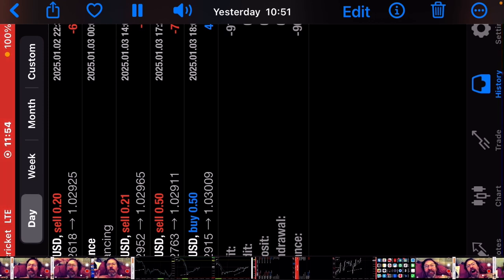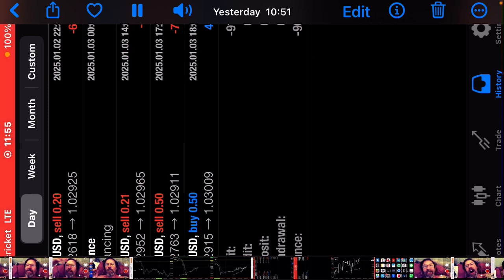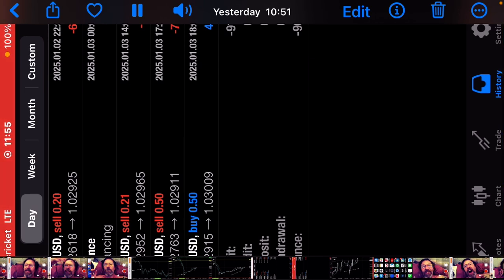Well, actually, this is a sell trade. Seeing how this is a sell trade, it would go the opposite way. It would go down. It would go to 5, 3, and that would be $5 at 50 cents, at a 50-cent trade.